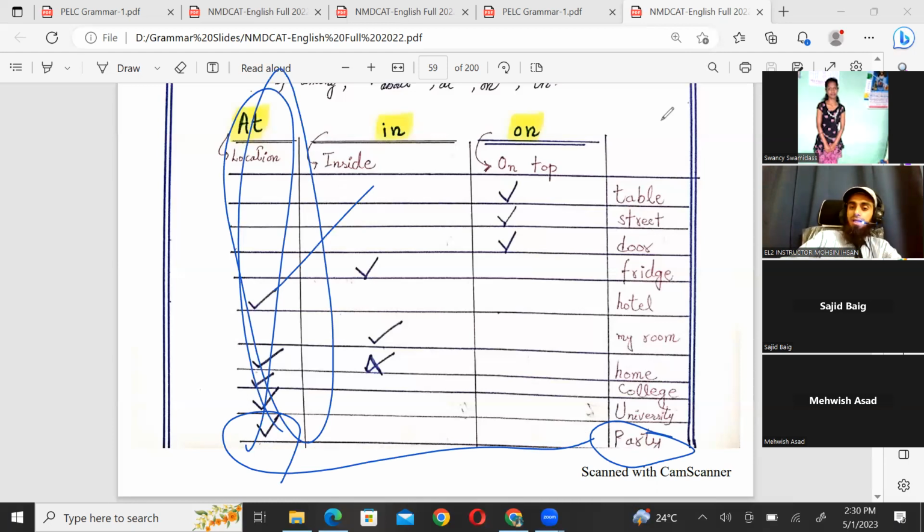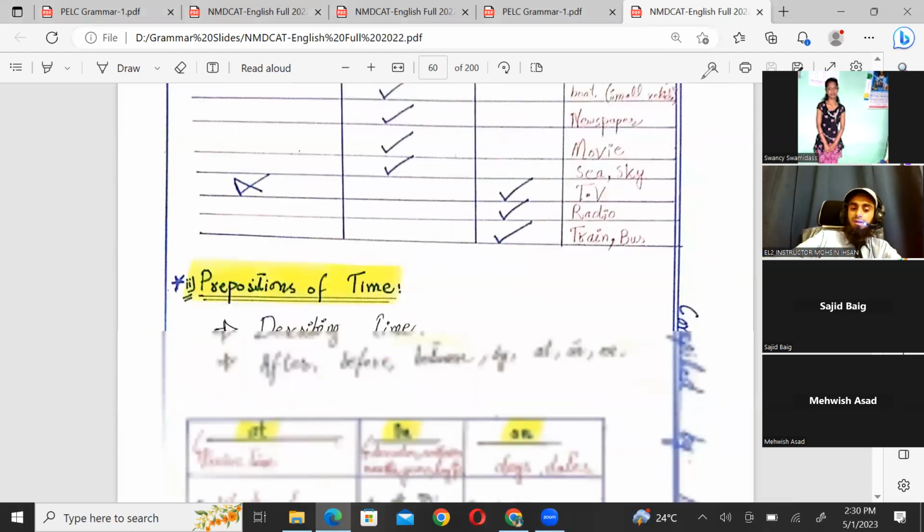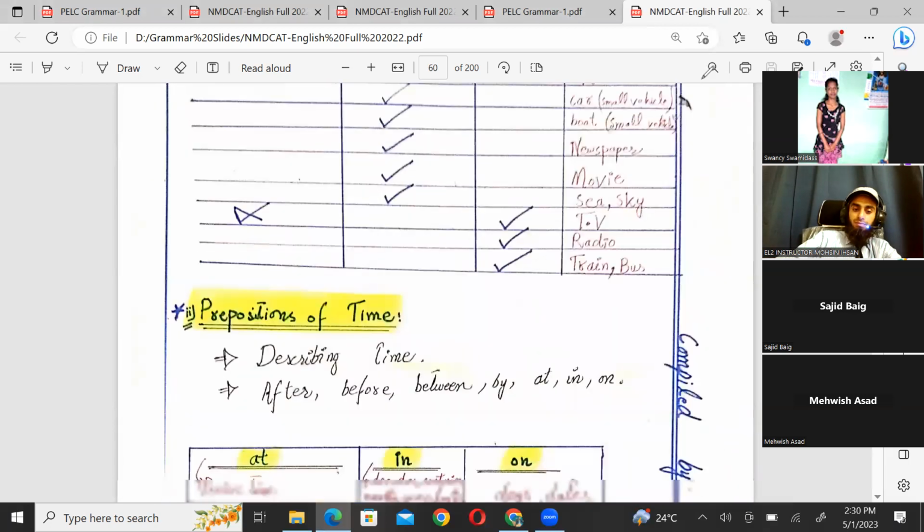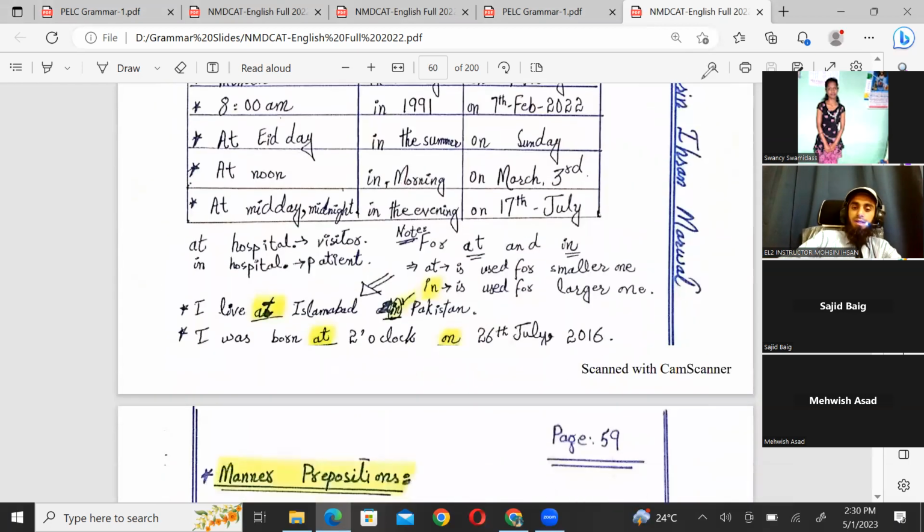Now coming towards that exceptional case, hospital. If you are a visitor, visiting someone in the hospital, you should say I'm at hospital.